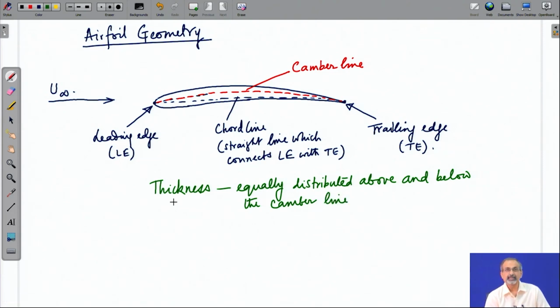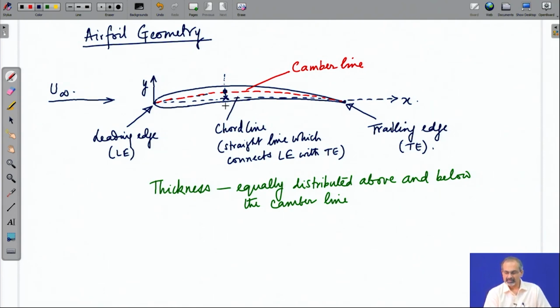So, if I say that at a particular location of the chord line, which we can denote by the x coordinate of a particular point, say this is the point you choose on the chord line. So, it has a particular x coordinate. Along that x coordinate, if you rise and you meet the camber line, then this is the intersection point of the camber line.